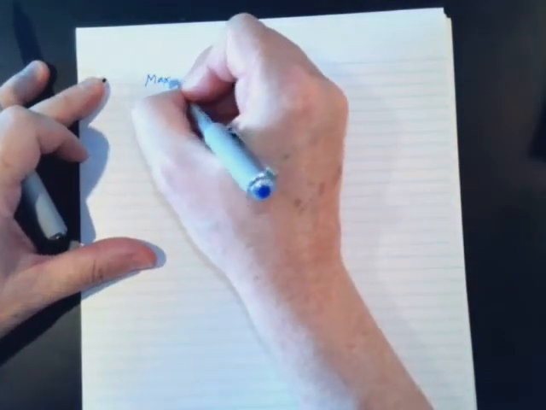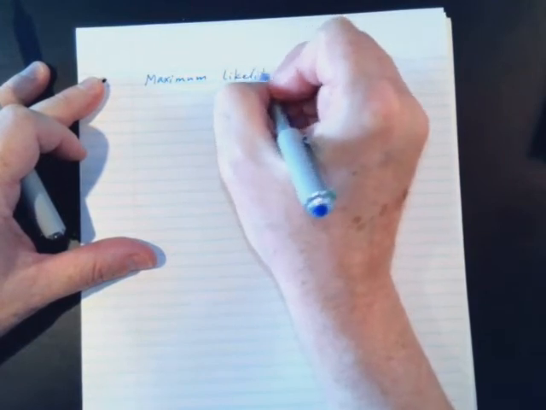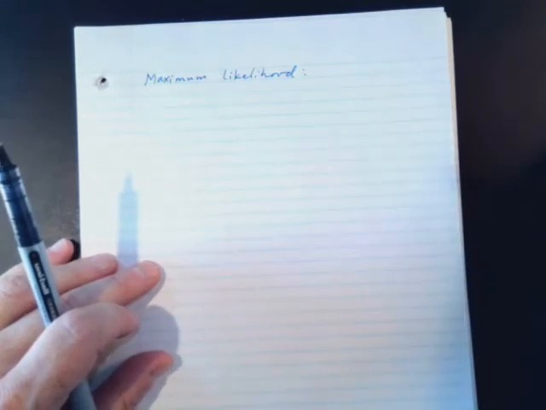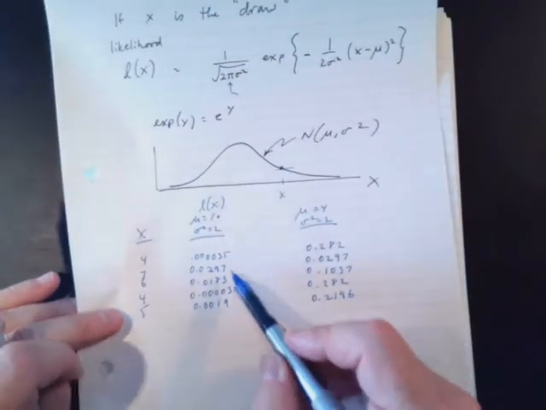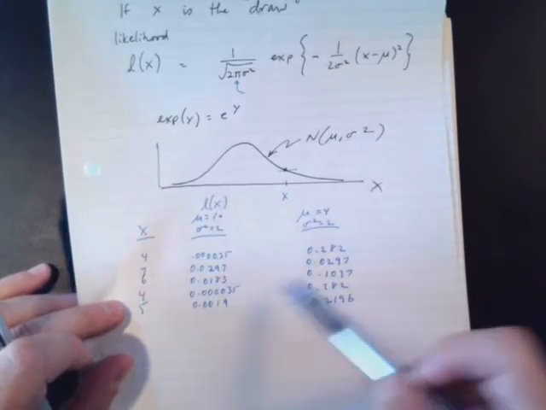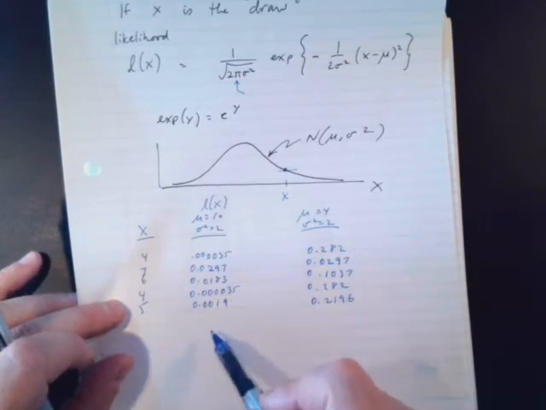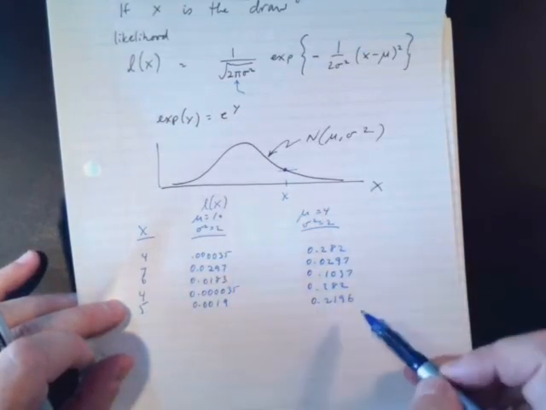The maximum likelihood here, you might think, well, okay, we'll take the combination by taking the average of all of them. That's close. We're actually going to multiply them all together. We're going to take the product of all of them.